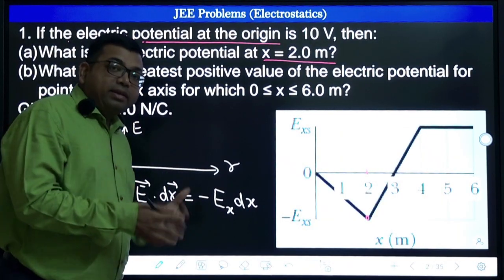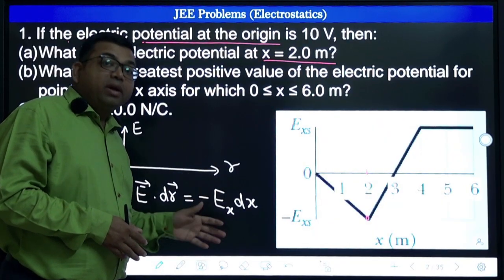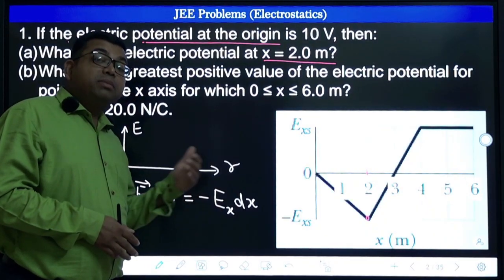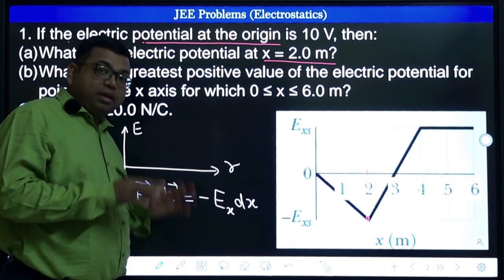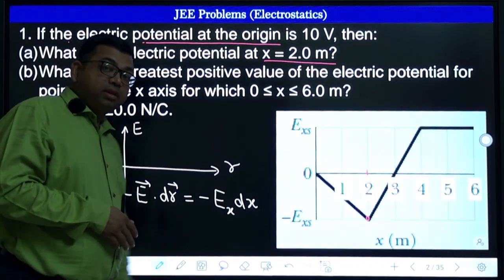Otherwise you can write the electric field in components, Ex i cap, Ey j cap, Ez k cap, and dr vector also becomes dx i cap, dy j cap, dz k cap. Anyway we have to take only x components.